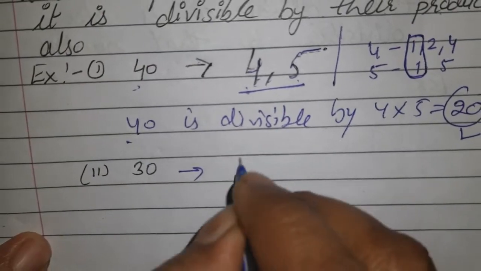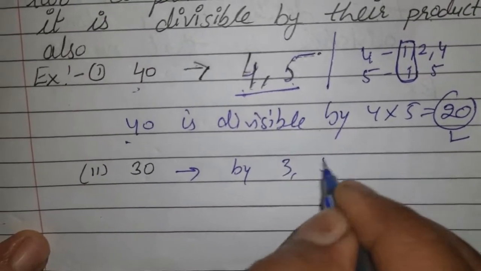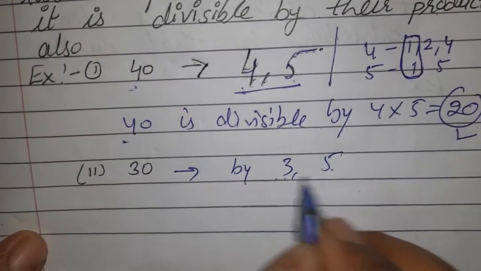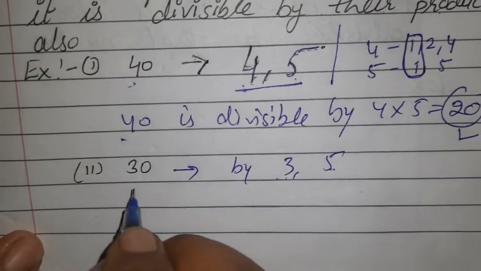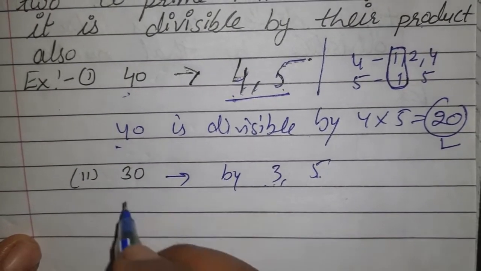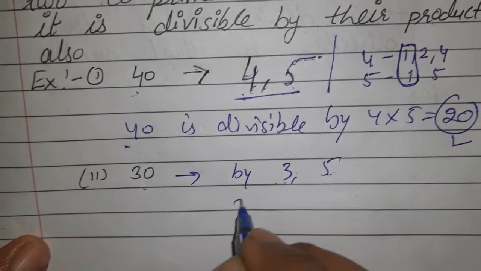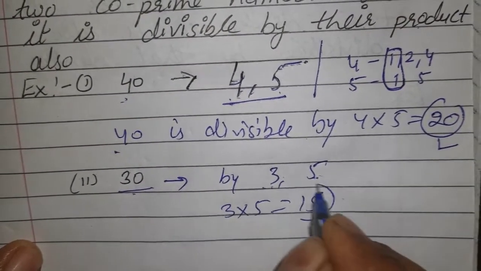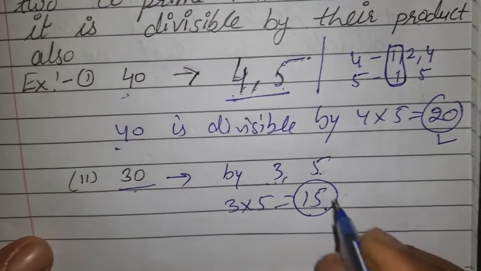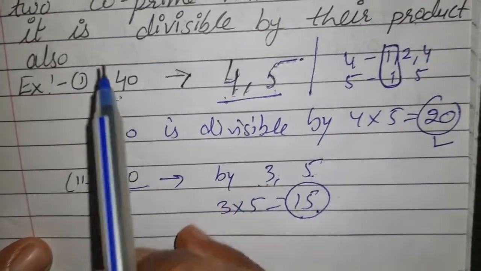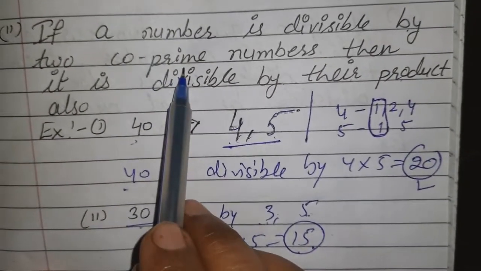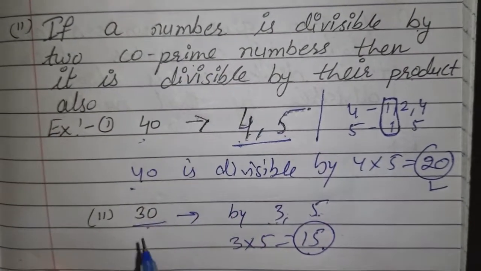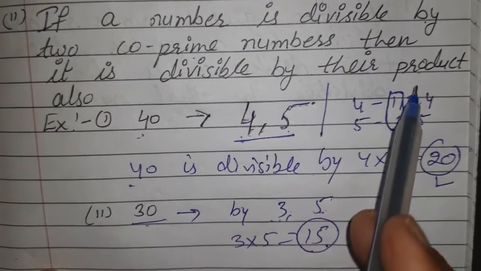It is divisible by 3 and 5. Okay, 3 and 5 are also co-prime numbers. So by what other number will it be divisible? Multiply 3 and 5, that is 15. So 30 is also divisible by 15. So keep it in mind, when a number is divisible by two co-prime numbers, the number is also divisible by their product.